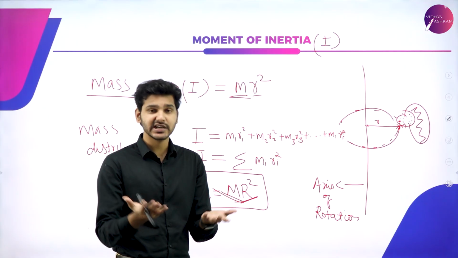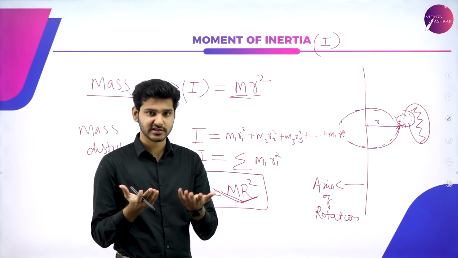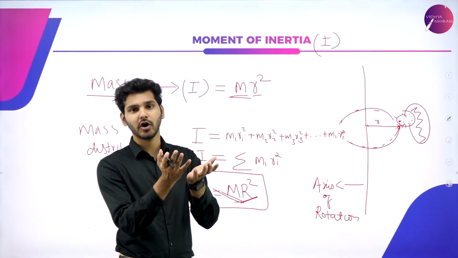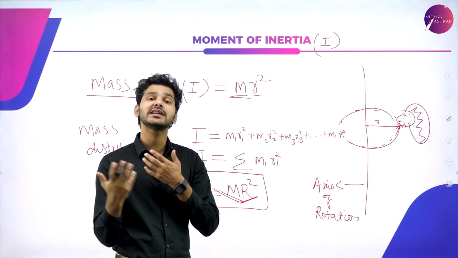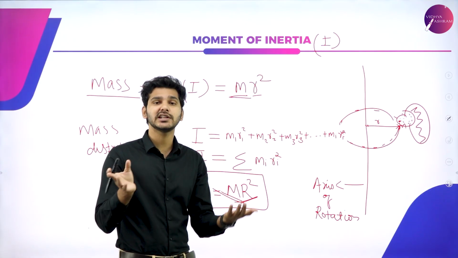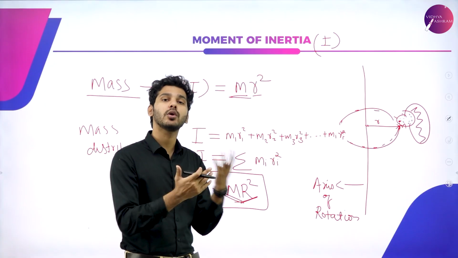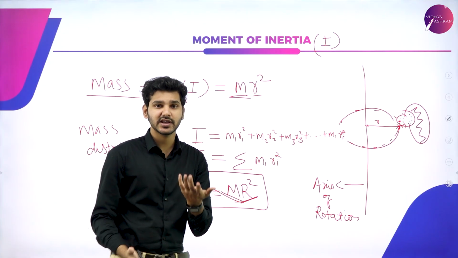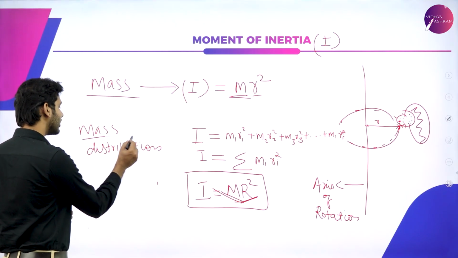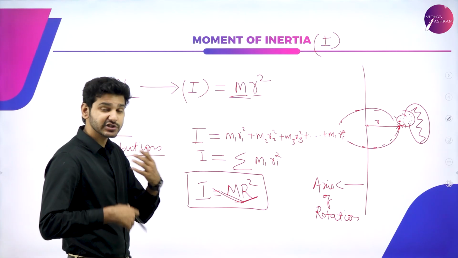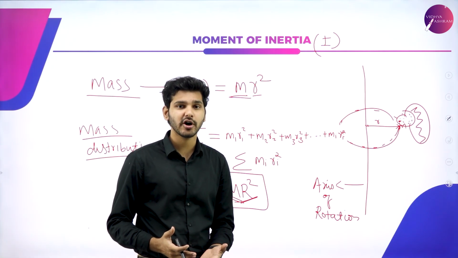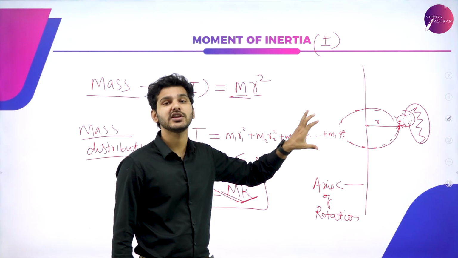If it is evenly distributed, like in the case of a disc or a spherical ball, it is easier for us to make it spin. If it is not evenly distributed, it is much harder for us to make that object rotate. So based on that, we can say that mass distribution also matters. It also affects the moment of inertia of this particular rotation.